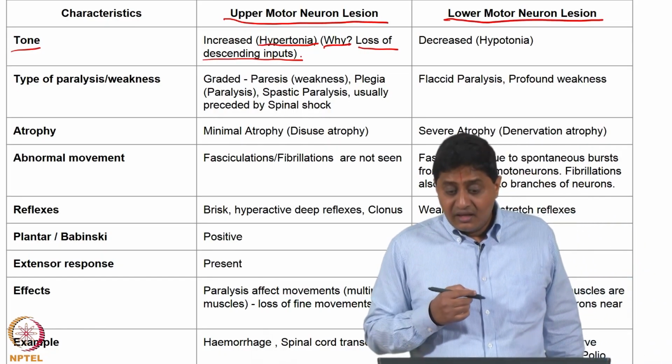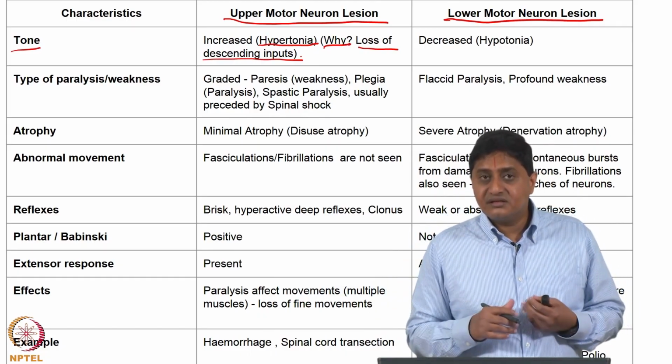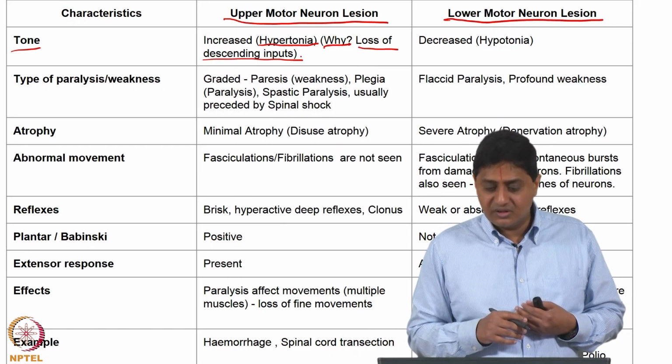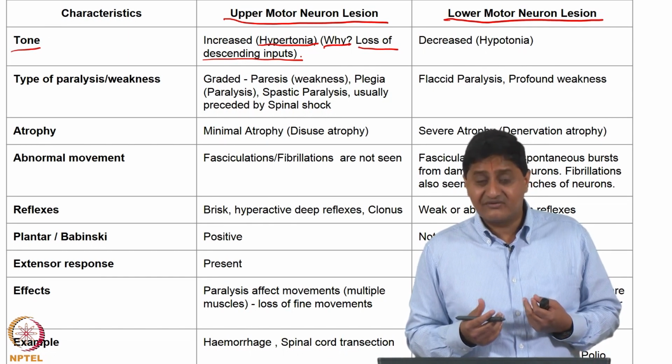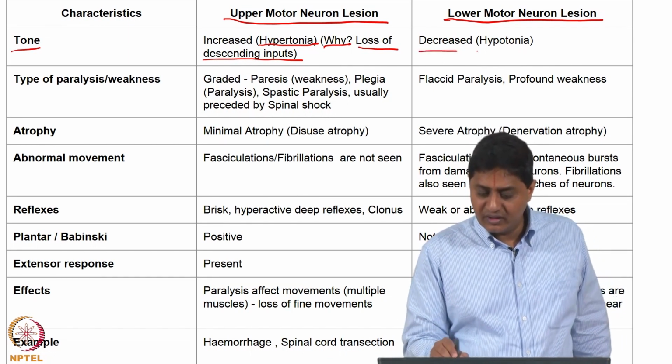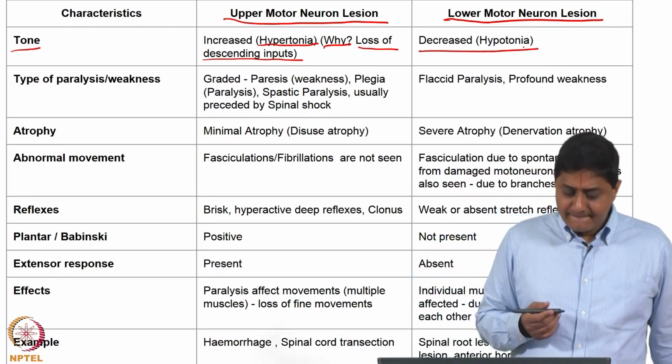If the alpha motor neuron is lesioned, then basically the muscle does not get any more inputs, so there is no more active contraction of the muscle, leading to decreased tone, or reduced tone, or hypotonia.